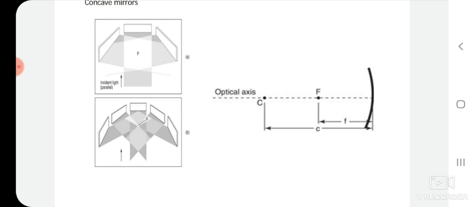So this distance C is called the radius of curvature.